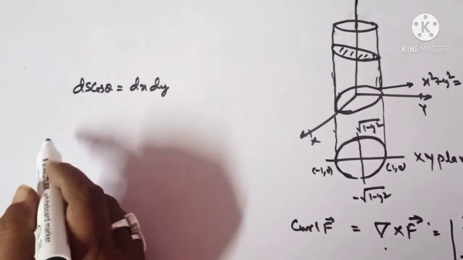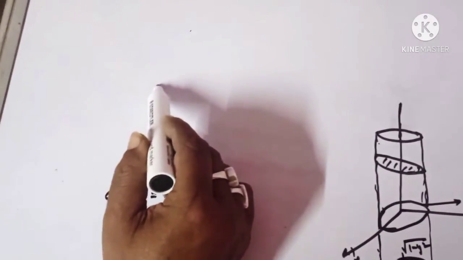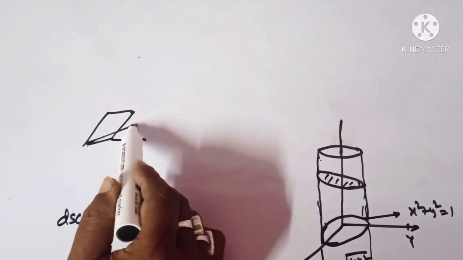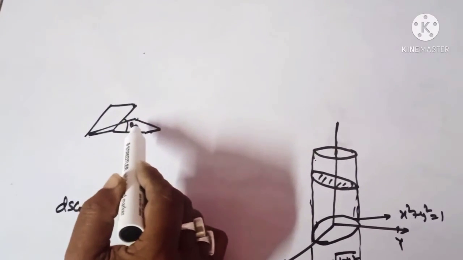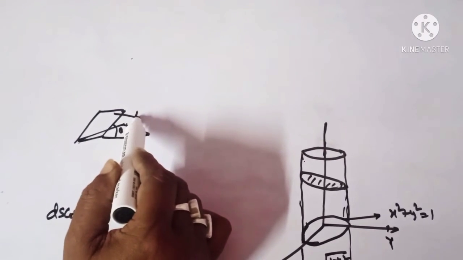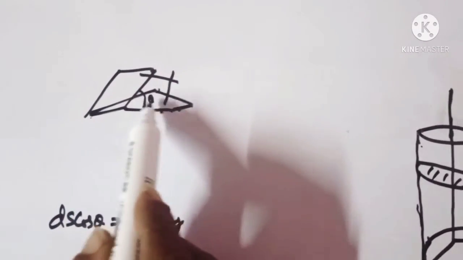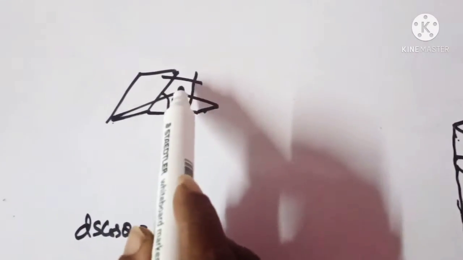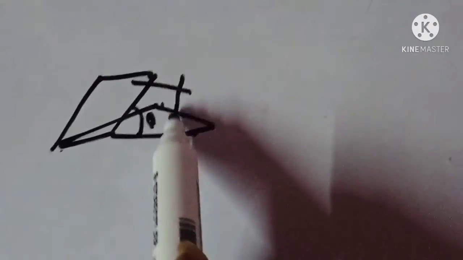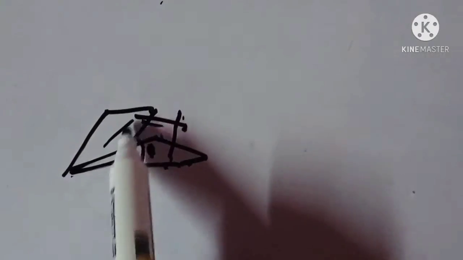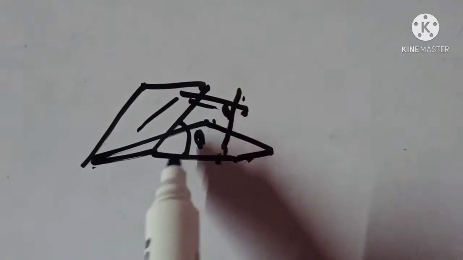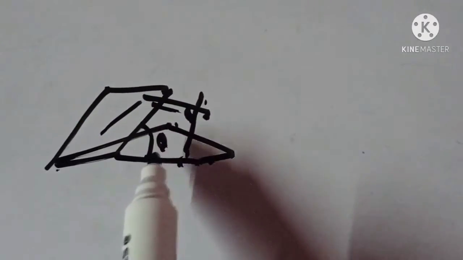If we take any two planes, the angle between these two planes is the same as the angle between the perpendiculars of these two planes. So the angle between these two perpendiculars is the same as the angle between these two planes.